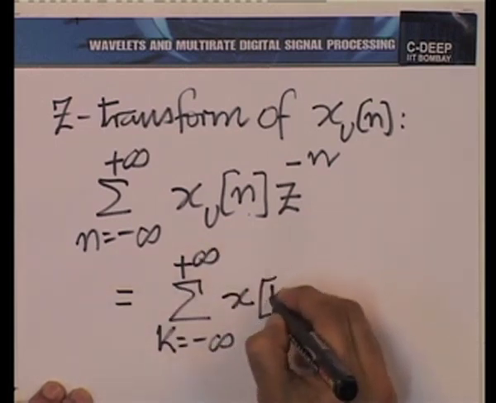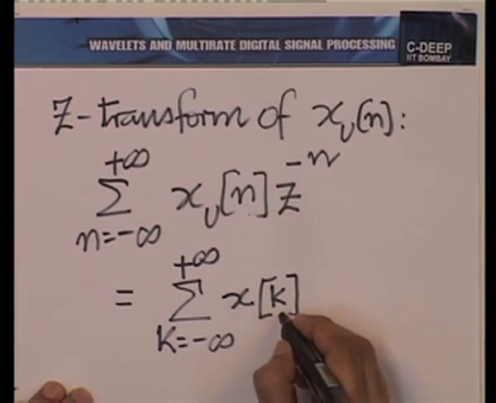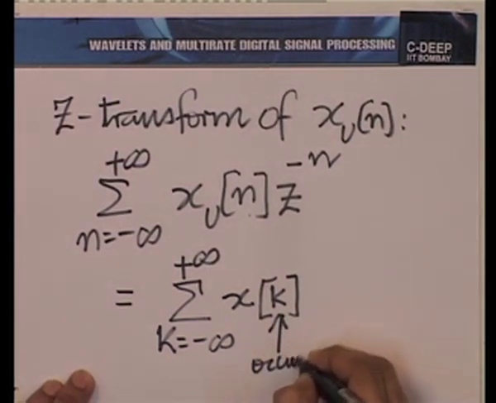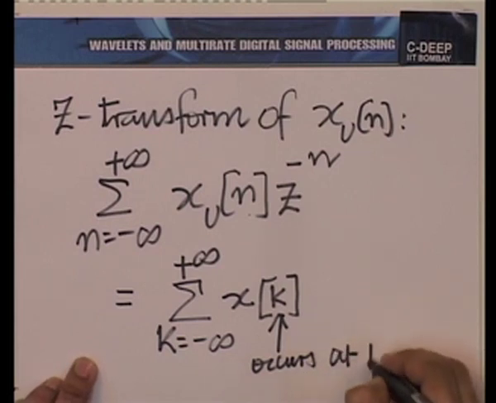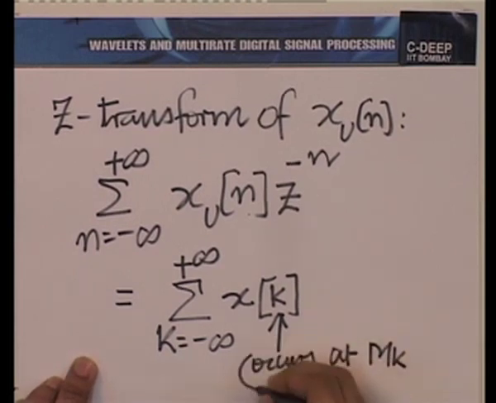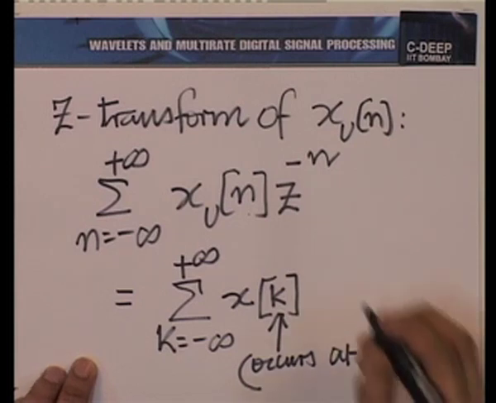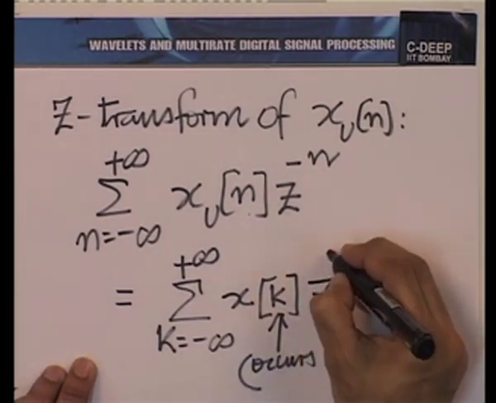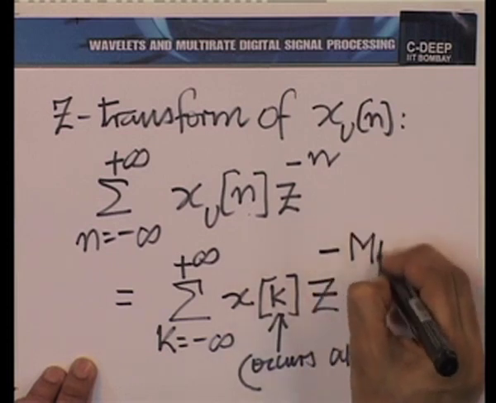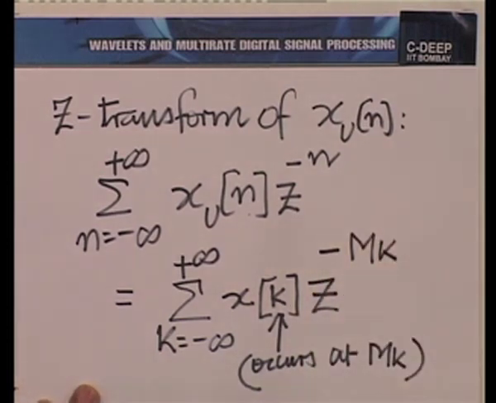Now, remember, x of k occurs at the point m times k in x u n, and therefore, here we have z raised to the power minus capital M times k coming up.